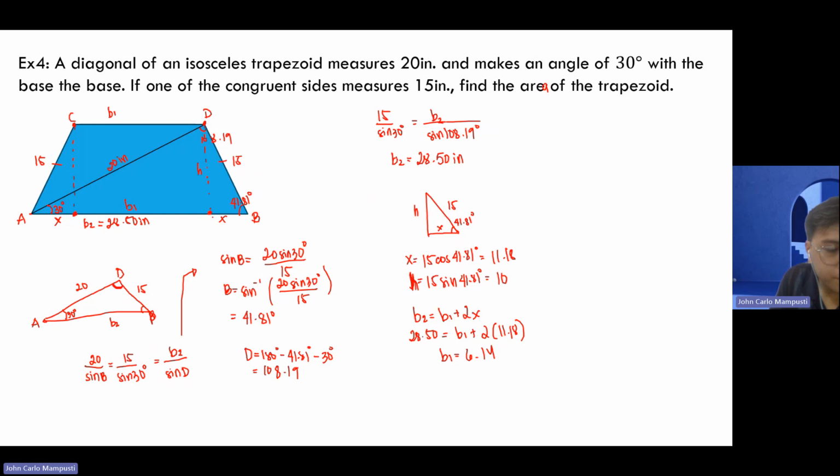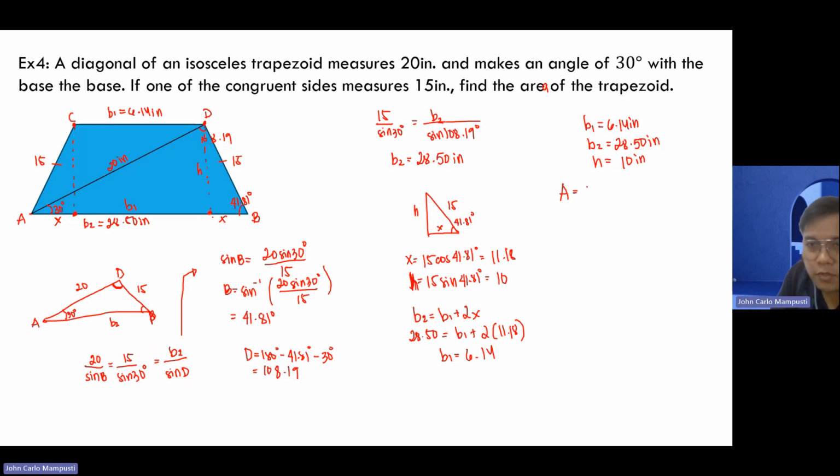So, dito, B2, okay naman. So, therefore, B1 natin, this is 6.14 inches. So, as you can see, masyado na magulo yung drawing natin. B1 is equal to 6.14 inches. B2 natin is 28.50 inches. Height natin, which is yung kaninang x, this is 10 inches. So, yun yung given natin.